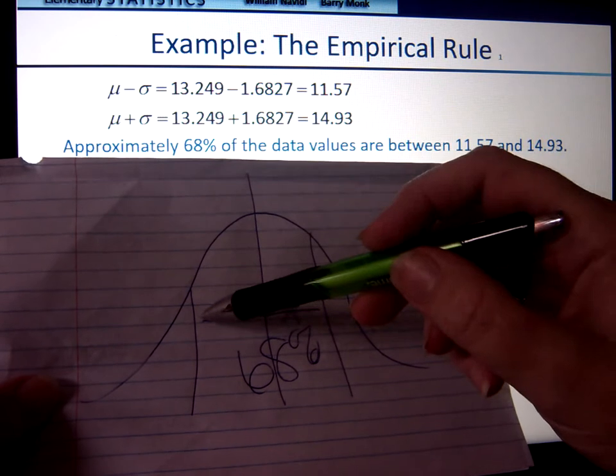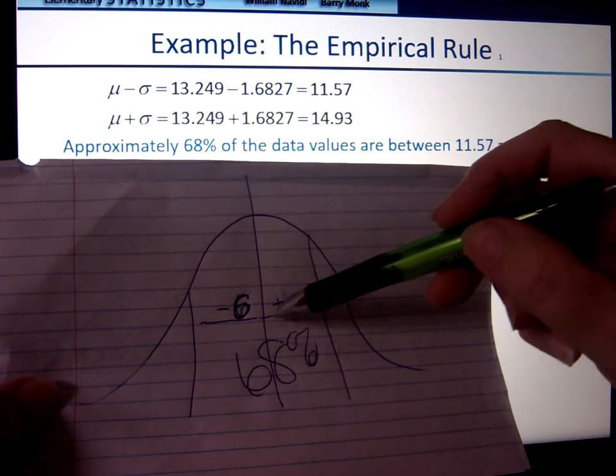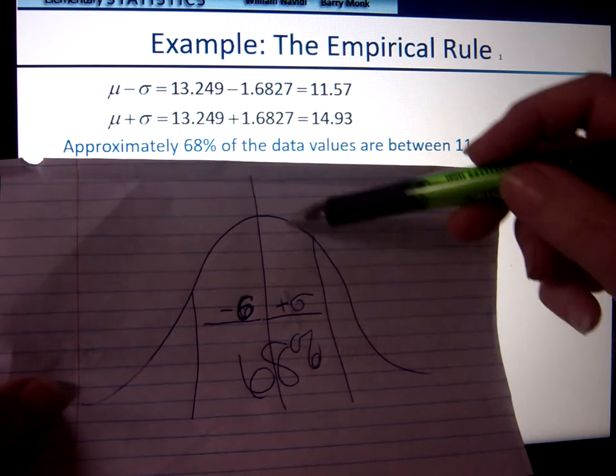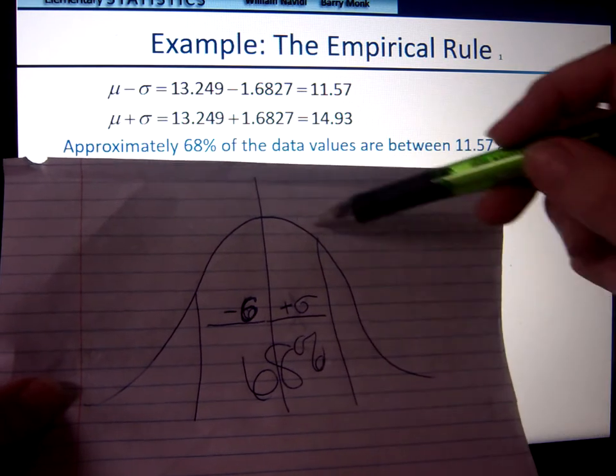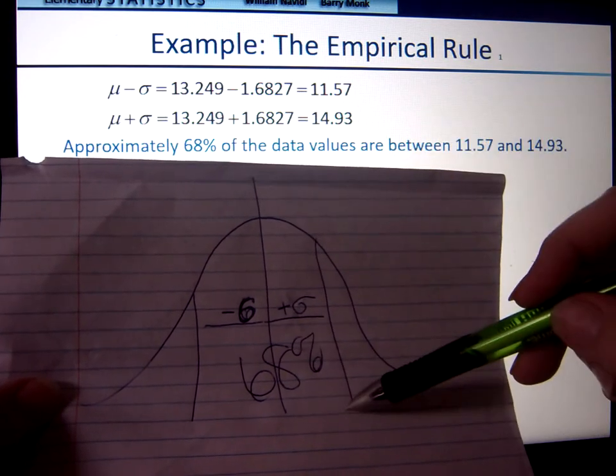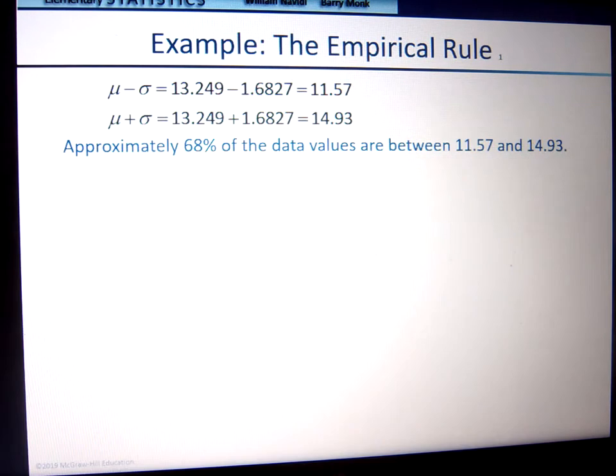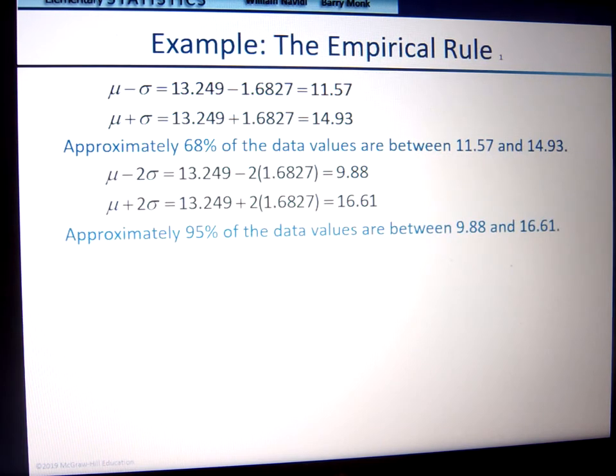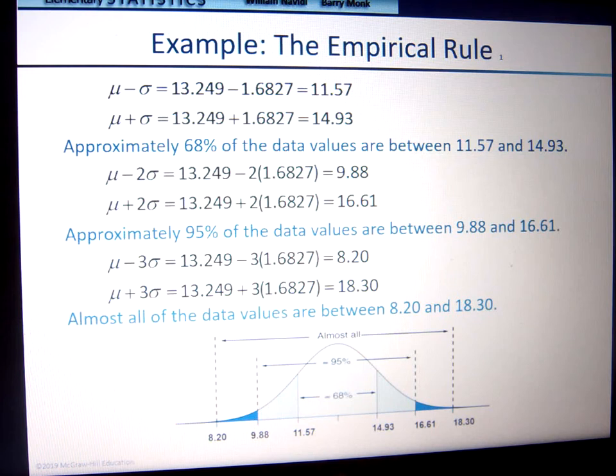If I add my standard deviation, I'm moving over here. So all of this area under the curve would be considered 68% of my data. If I do it twice, then I'm going to have 95% of the data. And if I do it 3 times, I'm going to have almost all or possibly all of the data.